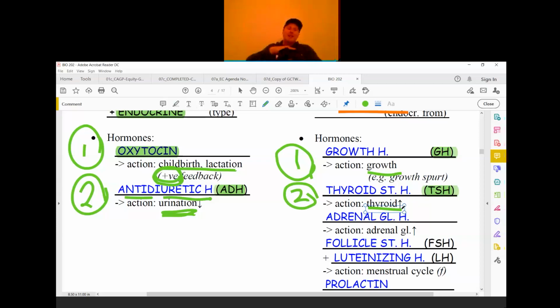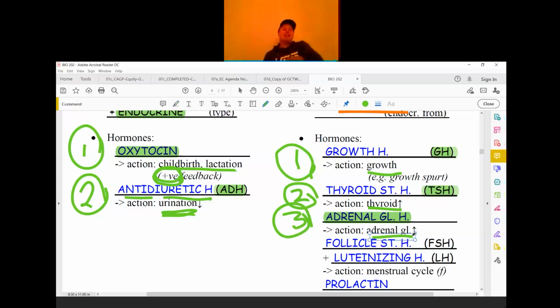So we're going to talk about the thyroid gland in a second. It is the thyroid stimulating hormone that makes the thyroid gland work more actively. The third hormone that I want to discuss from the anterior pituitary is actually adrenal gland hormone. What it does is promote the adrenal gland to do its job.